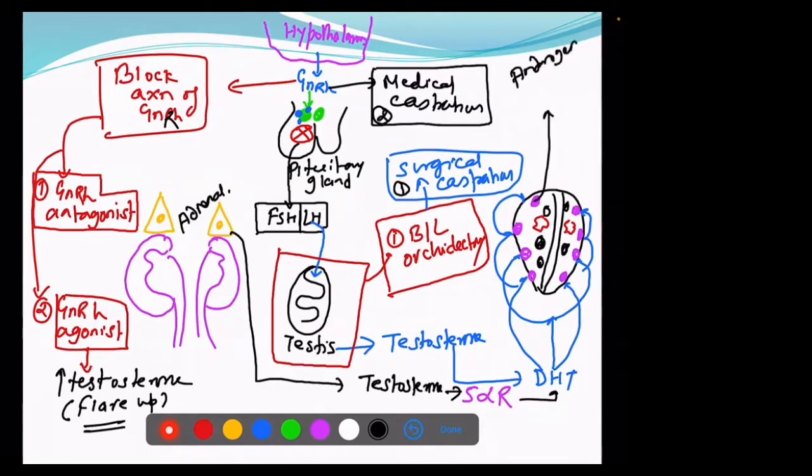Androgen receptor blocker. Okay, or we can say anti-androgen, same thing. But the problem is when you use these receptor blockers, after a few months or a year the cancer cell will alter the configuration of the receptor, such that the drug will not work.